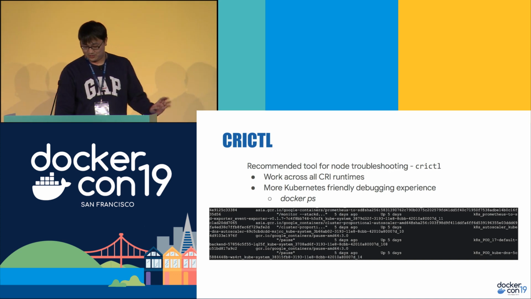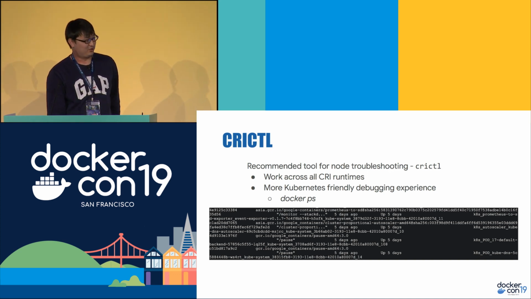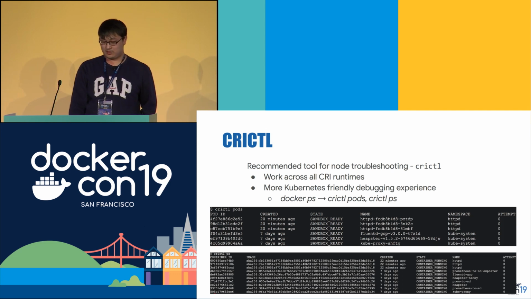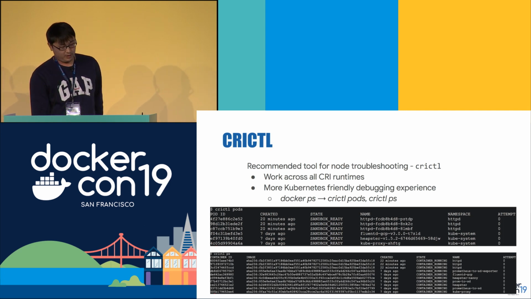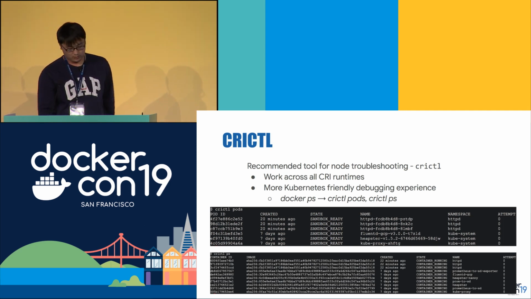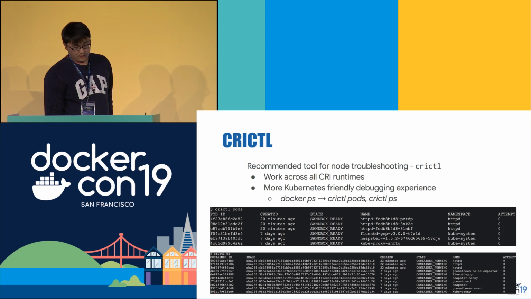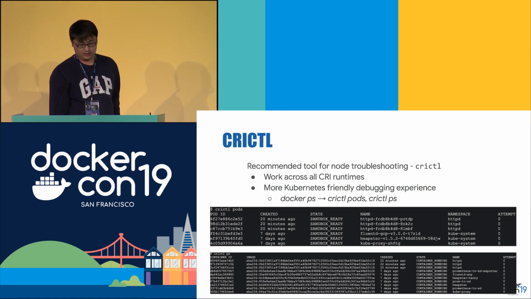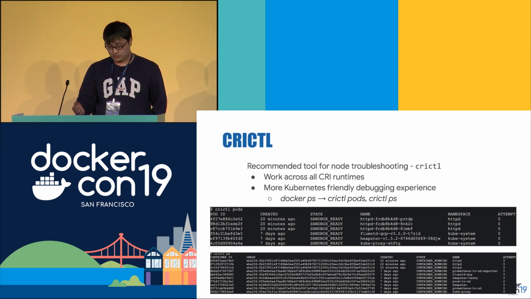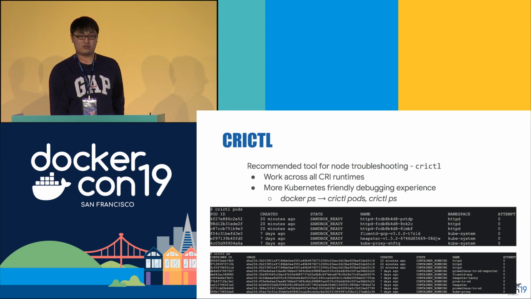So it barely means anything to you. Now with crictl, it will become something like this. If you run crictl pods, you will see all the pods on the node, and crictl ps will show all the containers. It provides a much clearer debugging view, and should help you easily understand what's running on the node.